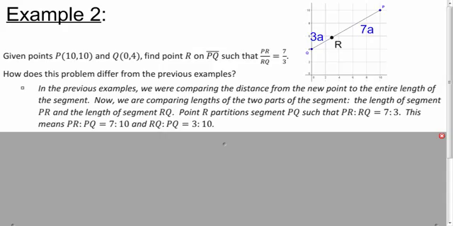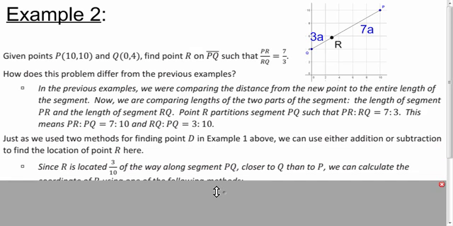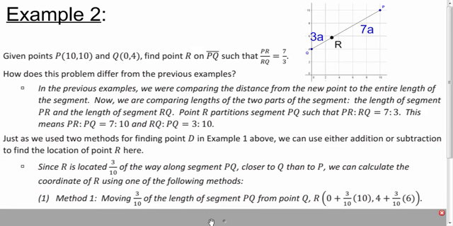So we could think of this 2 different ways. We could think of R as being 3/10 of the length of QP away from point Q. Or we could think of it as being 7/10 of this length away from point P. So if we use the first method, we start with Q, which is the point 0, 4.